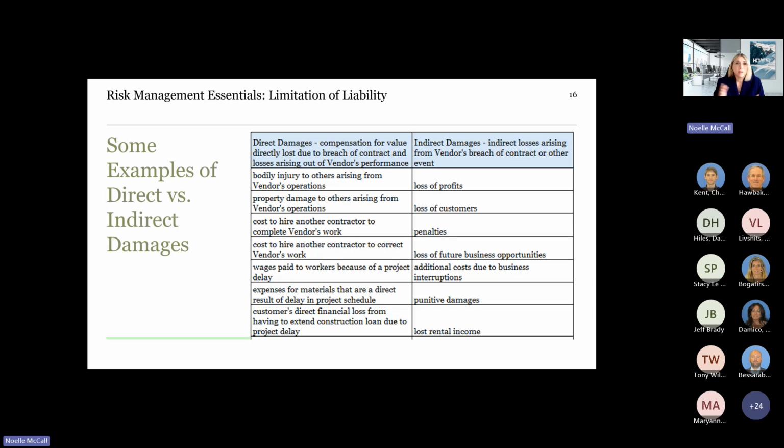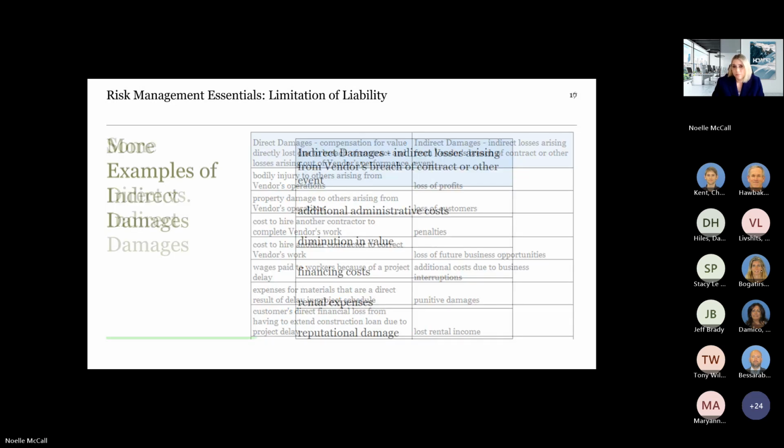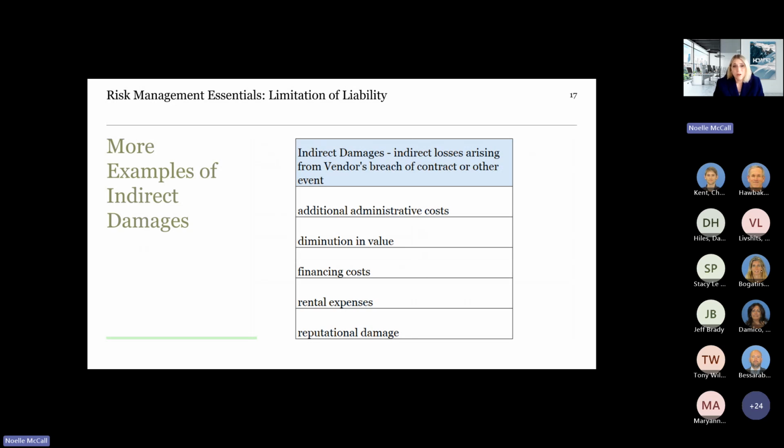Can include things like loss of profits, loss of customers, penalties, fines, loss of future business opportunities, additional costs due to business interruptions, punitive damages, lost rental income, additional administrative costs, diminution of value, where things go down in value over time, financing costs, rental expenses, and also damage to reputations or loss of goodwill.